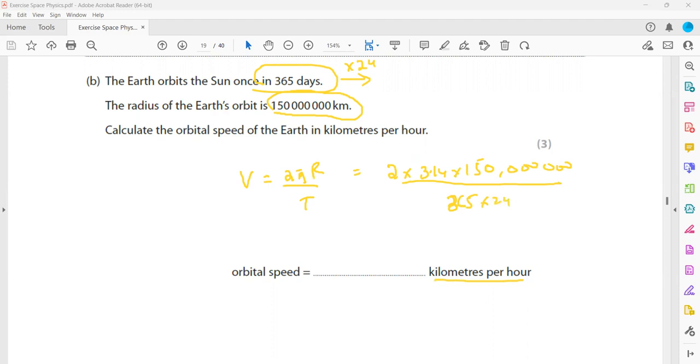When we simplify this, it's about 110,000 kilometers per hour. So the rounded off answer is 110,000 kilometers per hour. That's the orbital speed of the Earth.